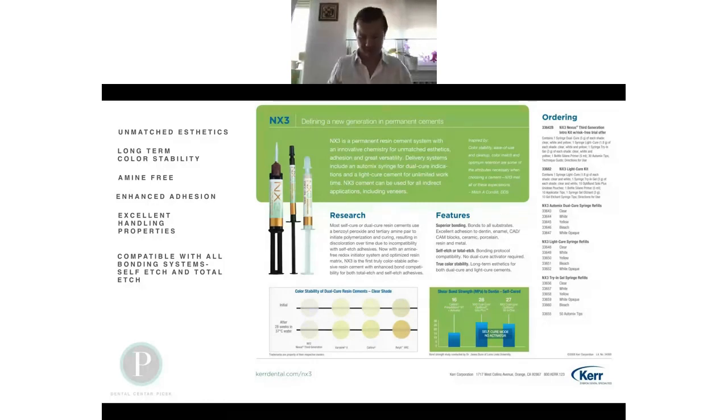One of them is for sure the choice of the cement, and what is most important, I think, for every practitioner is handling all materials, all cements. It's very easy to handle. It's very easy to remove the extra resin, and it is compatible with all bonding systems.